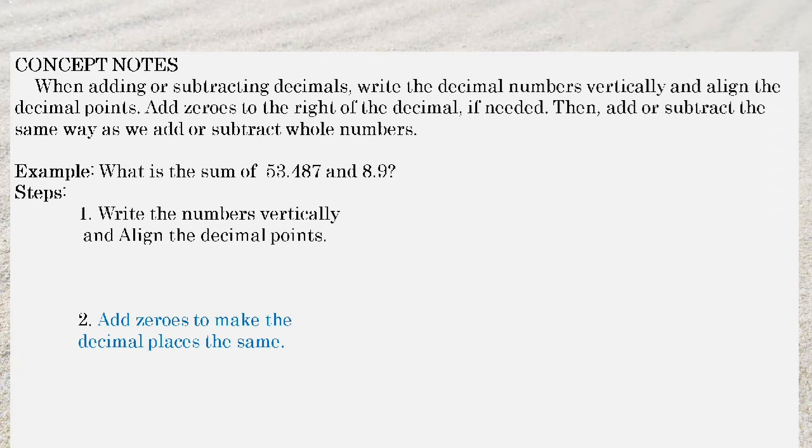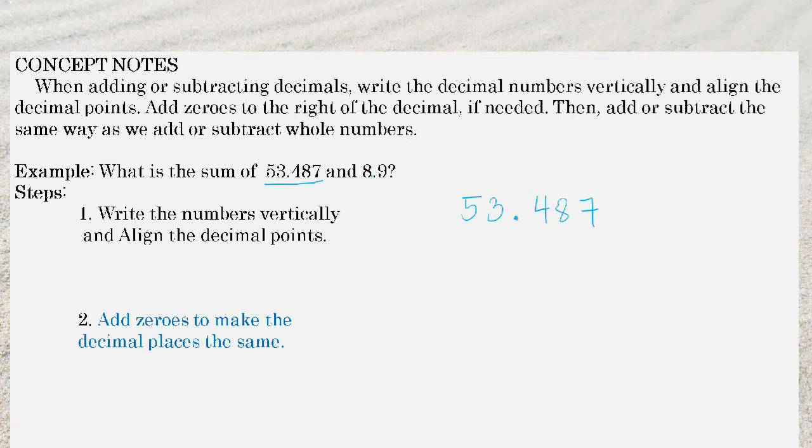Okay? So, now, let's write it vertically. Let's start with our first number, which is 53.487. And we need to align the second given based on its place value and the decimal point.